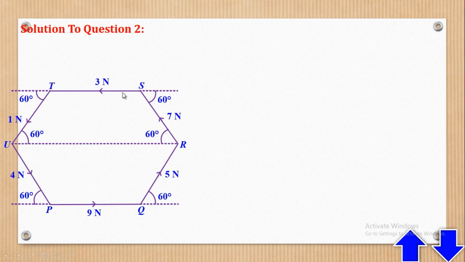So 720 divided by 6 will come up with 120, and if this is 120, it implies that the remaining part will be 60 degrees. Same applies to this 120, this will be 60 degrees. So that is where the 60 degrees is coming from.